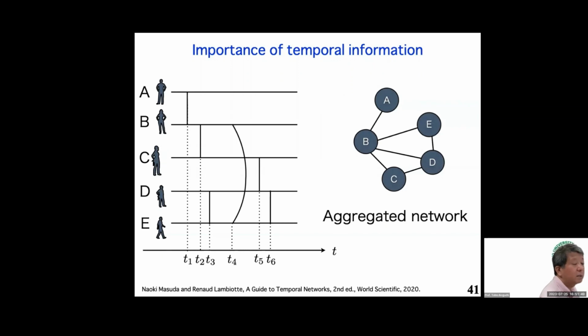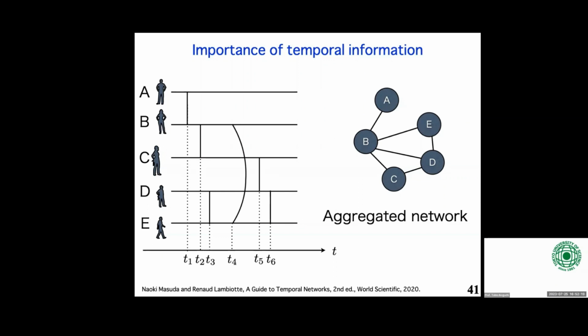In the third event, D and E have a contact at time t3. In the fourth event at time t4, B and E have a conversation. In the next event at time t5, C and D had a contact. And in the last event at time t6, B and D had a conversation.